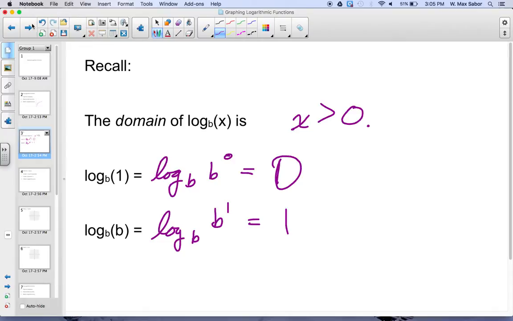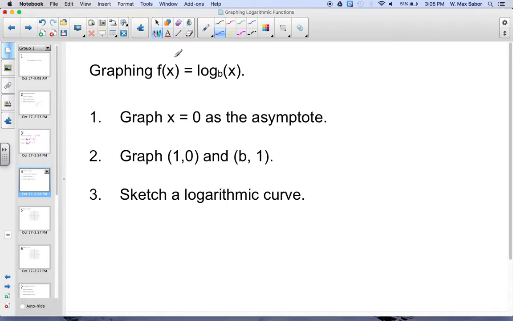So these are 2 easy points for us to substitute in when we're graphing the simple log functions. First, we'll graph x equals 0 as the asymptote. Then we graph 2 points and sketch a logarithmic curve. Now specifically, this is for functions that look like log base b of x, without any addition or subtraction, or even multiplication or division.